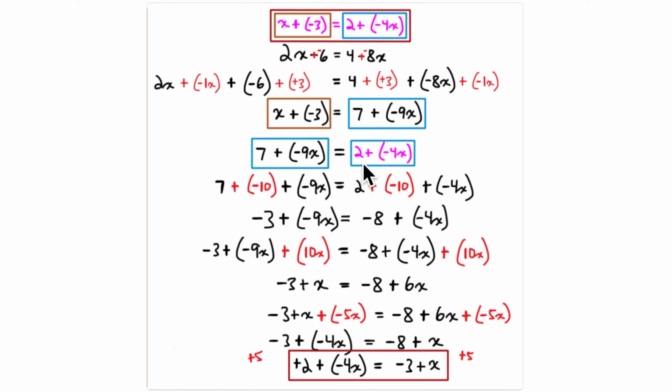That would have made this negative 3, and a negative 5 to this side would have made this a positive 2. So this would have become 2 plus a negative 4x, and this would have become x plus negative 3. So in one step, I could have returned this equation right here back to this equation up here. So I just chose the wrong side. I don't know how to determine which side to begin to work with.